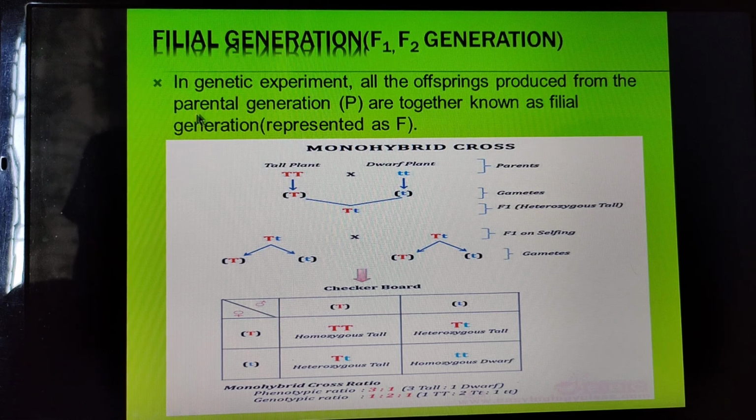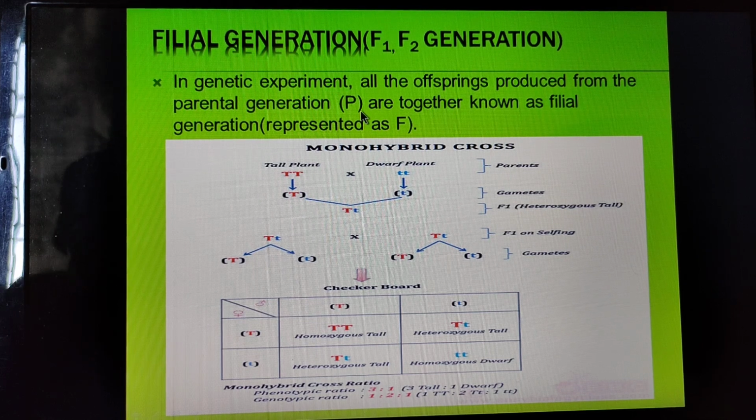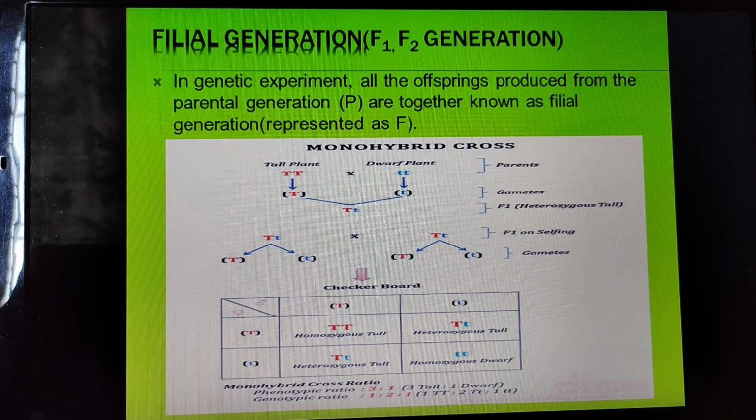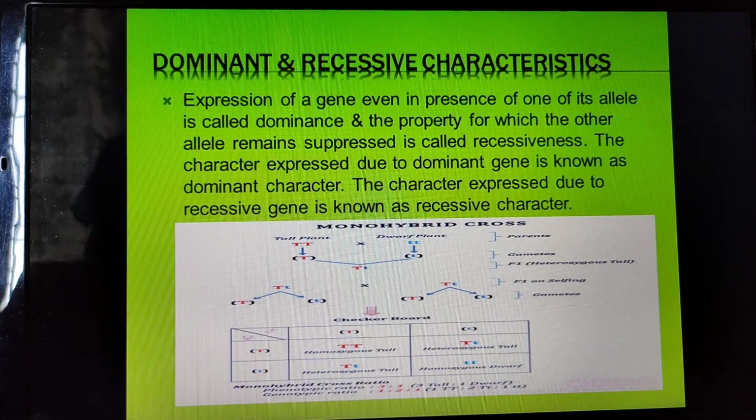So in genetic experiment, all the offspring produced from the parental generation are together known as filial generation, which is represented as F. Next we know about dominant and recessive characteristic.